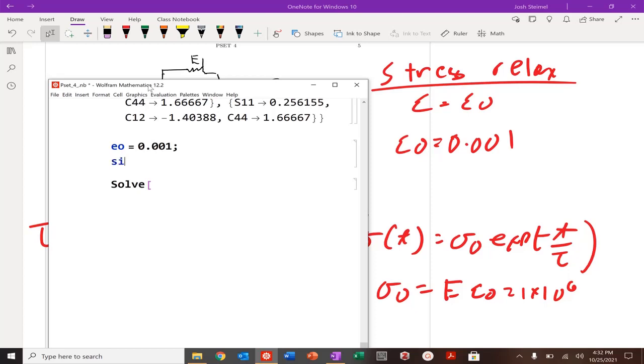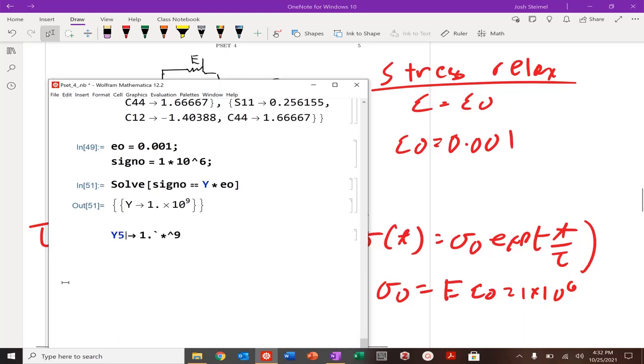My sigma naught is equal to 1 times 10 to the 6. So now I can solve sigma naught equals Y times epsilon naught. So this is my Young's modulus. What do you know? It looks like a polymer. I'm going to call this Y of problem 5, so Y5 equals this times 1 times 10 to the 9th. So that is my Young's modulus.